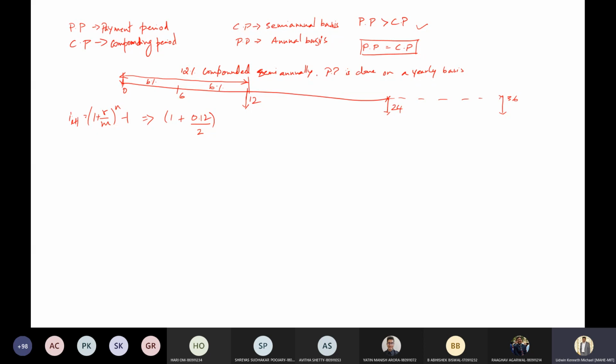So how much is your n? M you got right. M stands for the number of compounding periods in a year. N stands for the number of compounding periods until you make the payment.